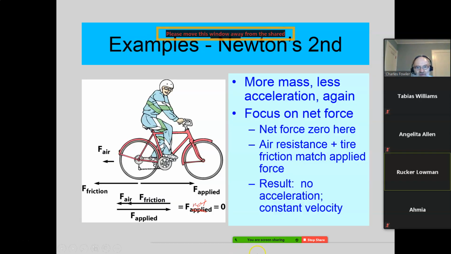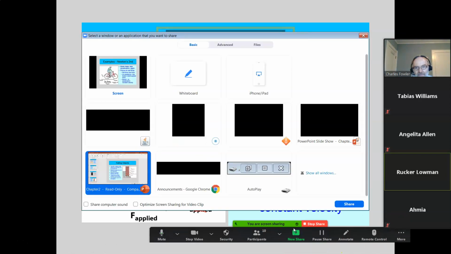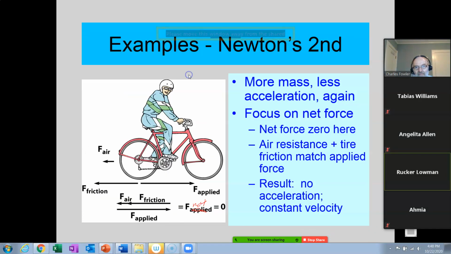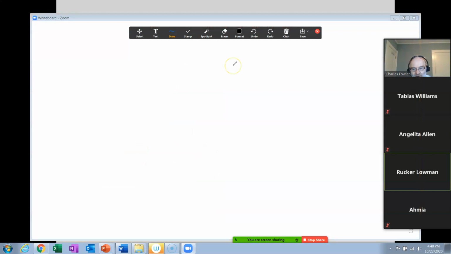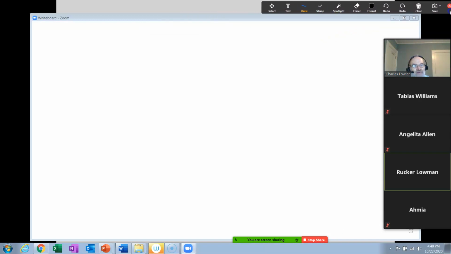So let's go to the whiteboard. All right, I've got a little bit of housekeeping to do here. They have this taskbar in the white space, where I'm going to move it out of the white space, which frees me up more white space to work on.